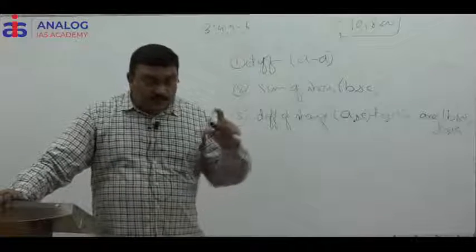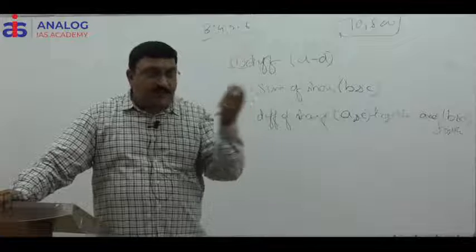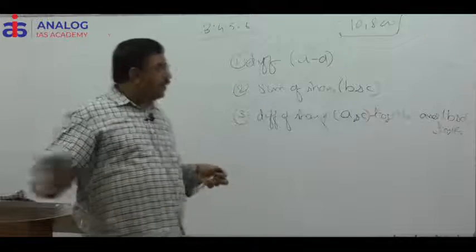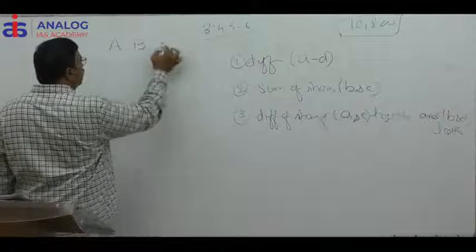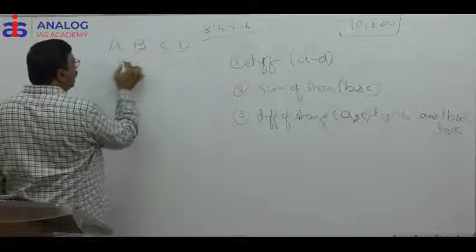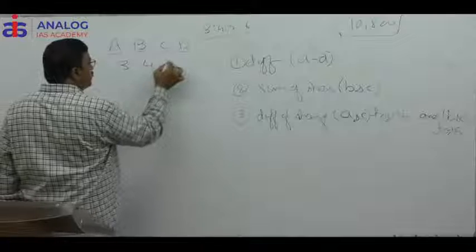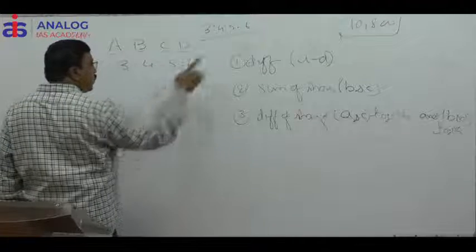You should be fast enough to see the corresponding values. The total is given, that is A, B, C, D in the ratio 3:4:5:6.